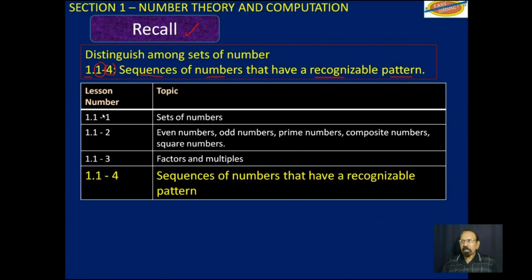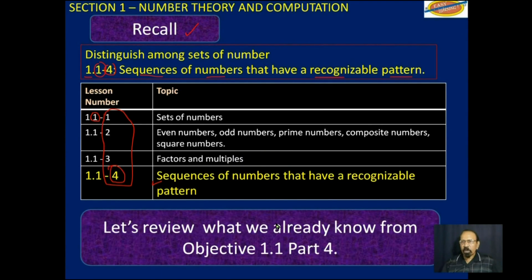We divided that objective 1 into 4 videos, and the 4th one was this. So let's review what we already know from that video because some of you may not have seen it, or may have forgotten it. So let's review that.